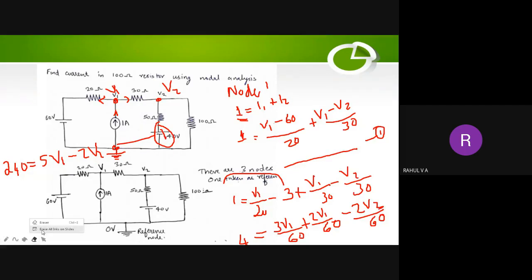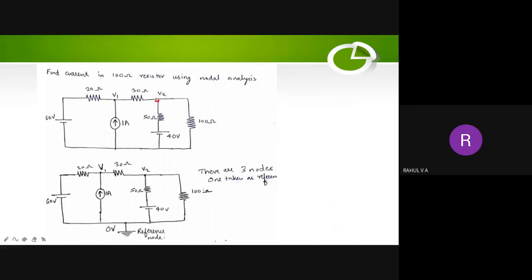Then you go and analyze node 2, where the voltage is V2. There is no current source here, so you can write I1 plus I2 plus I3 is equal to 0. How to find I1? Here you have to assume that V2 is greater than V1.